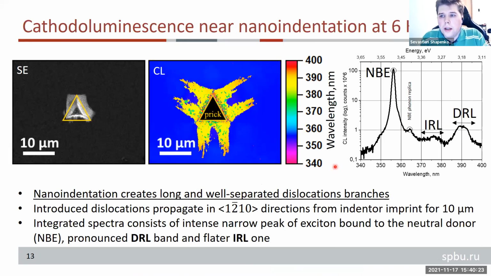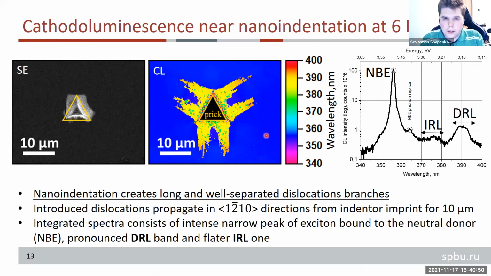So to understand what type of system we have with intersection nodes, we used nanoindentation to create, as you can see in this CL wavelength image, long dislocation branches around 15 nanometers, and their luminescence, shown here in yellow and orange, is close to linear.